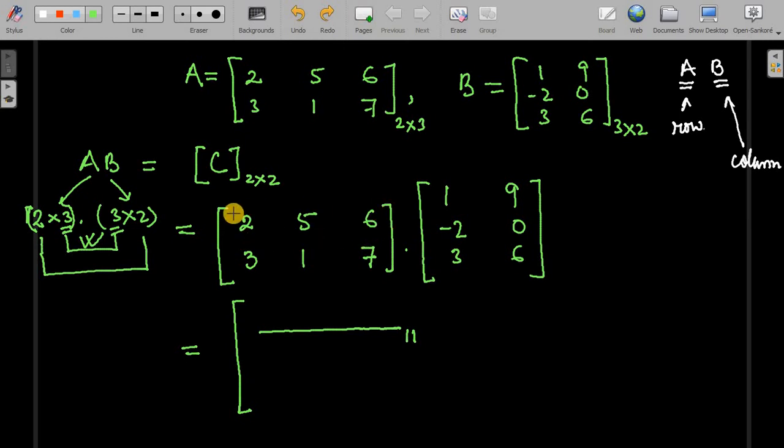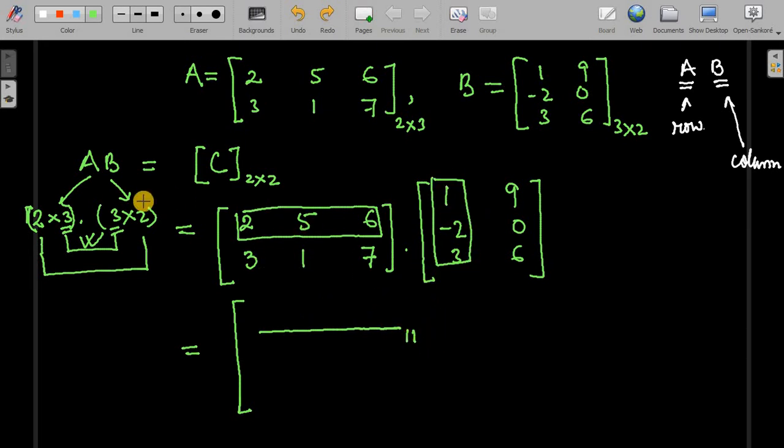Here the first row is 2, 5, 6. This is the first row and this is the first column. Why am I selecting it? Because the element we want to find lies in the first row and first column. So in order to find the value of any element, we have to select the row in which the element lies, which is the first row here, and also the column in which the element lies.